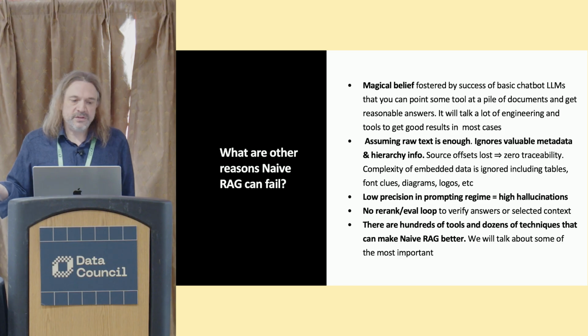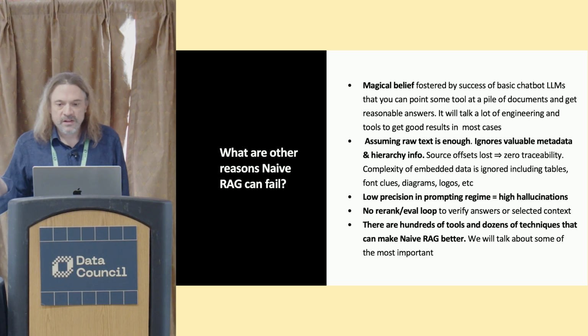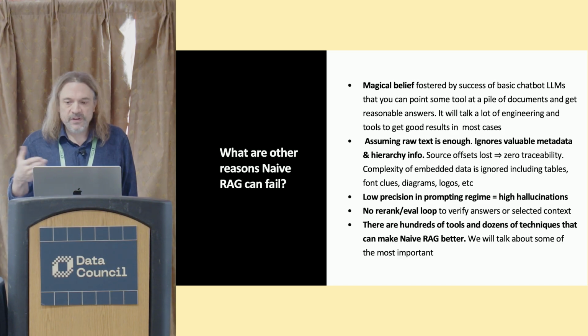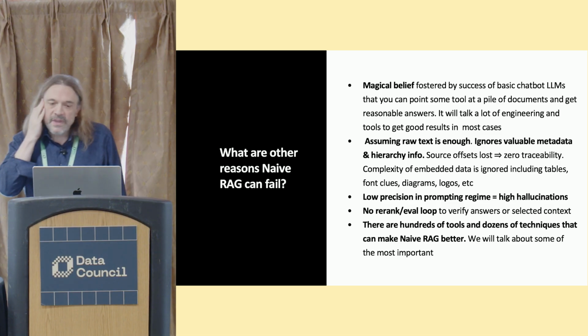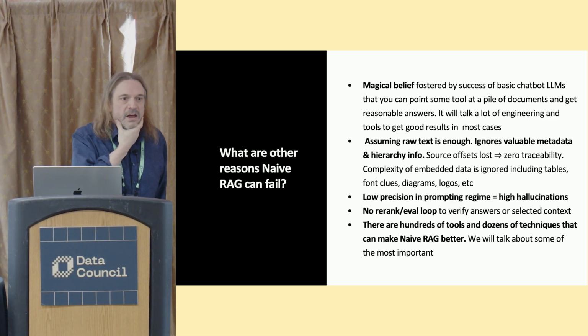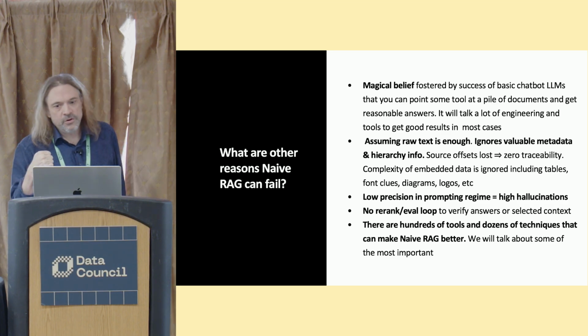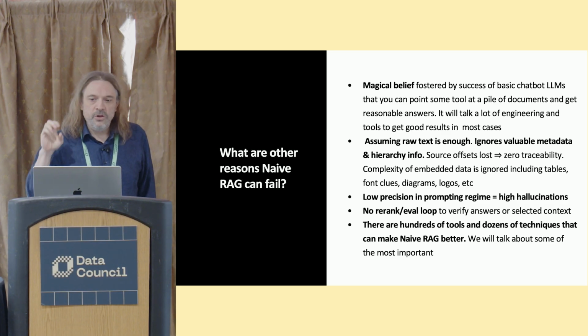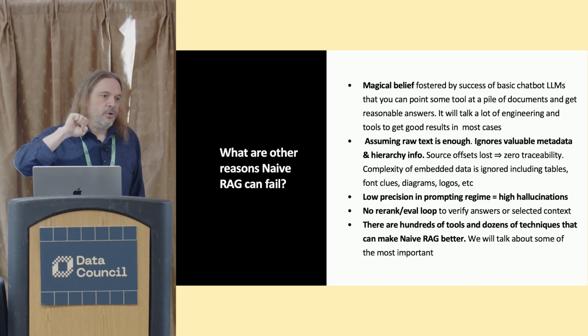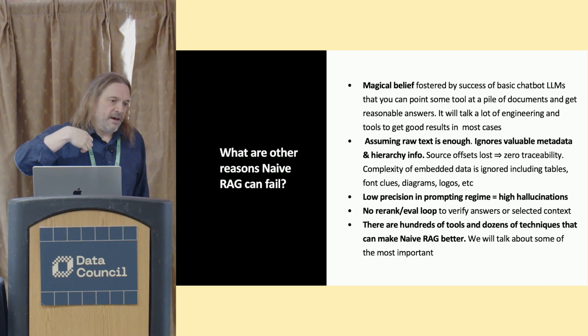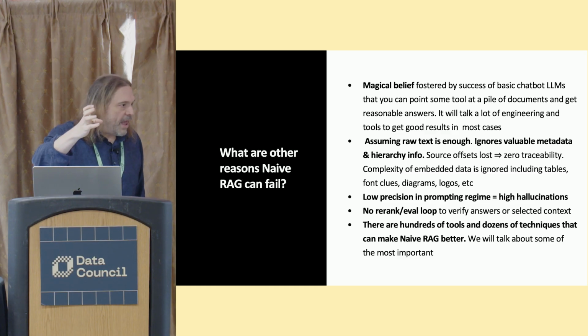What are some other reasons that naive RAG can fail? Magical belief in chatbots. Assuming raw text is enough. This is something that happens over and over again, especially like in financial services and healthcare customers. A lot of the time, if you just go through and take a PDF, turn it into text directly, you will lose a lot of table formatting.